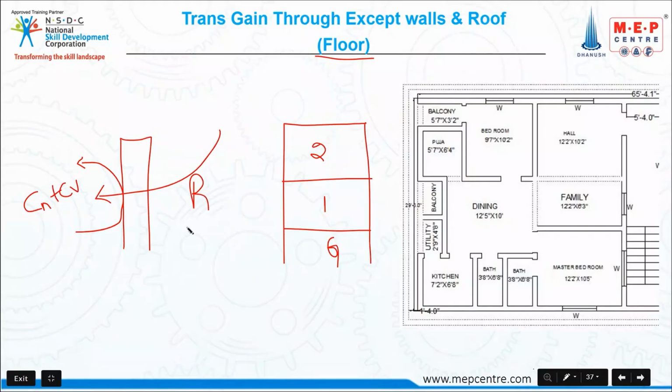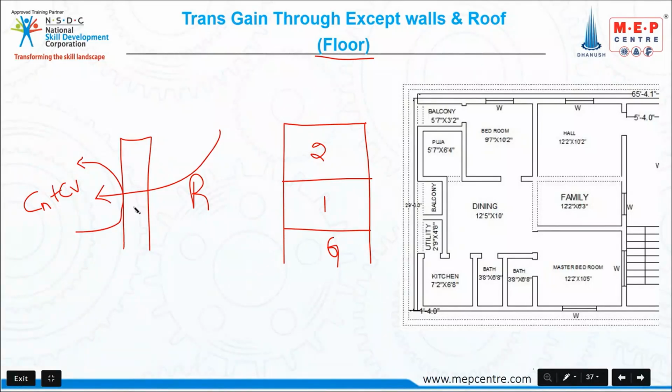Whatever heat transfer you are getting from radiation is called solar heat gain. Whatever heat transfer you are getting from conduction plus convection is transmission heat gain. Now, according to the material, how much radiation can it oppose?